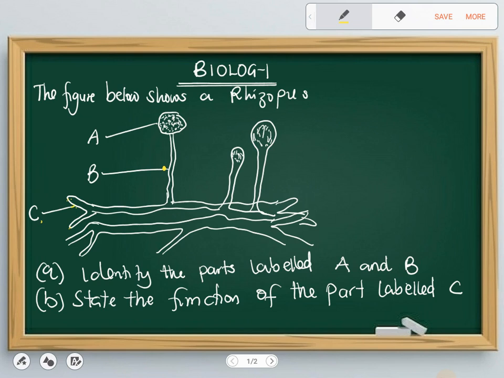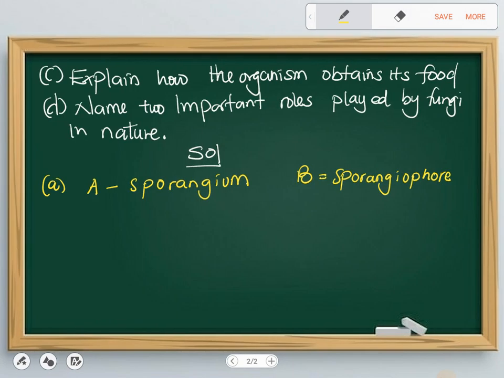And the function of the rhizoid is to do what? To secrete the enzyme, and it also absorbs digested food nutrients.